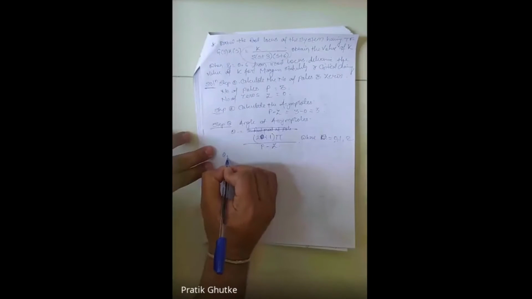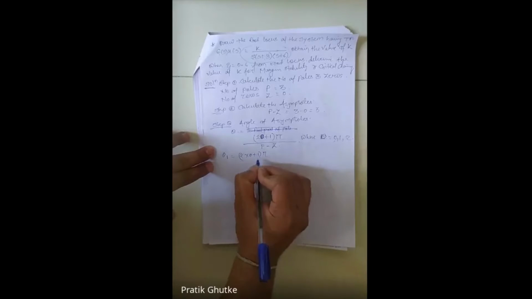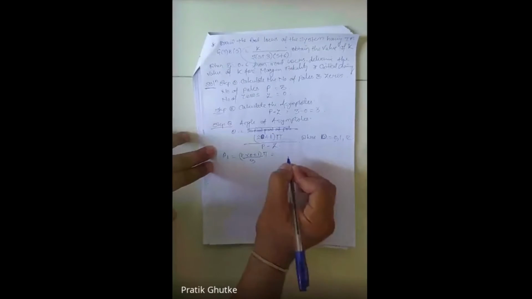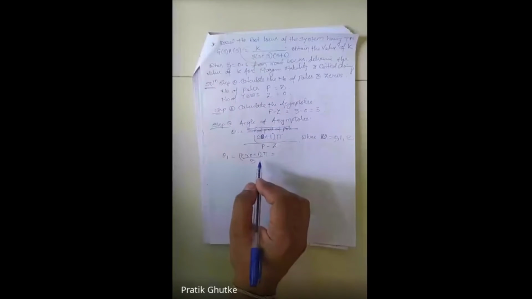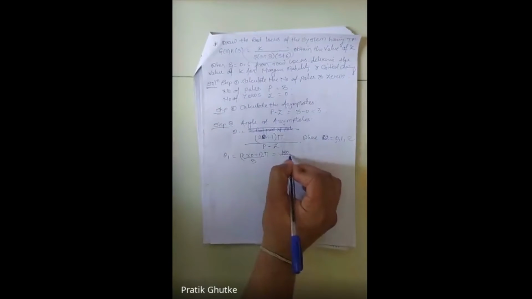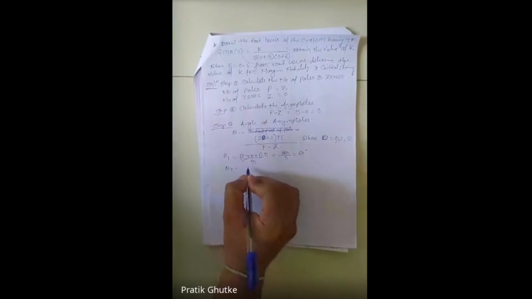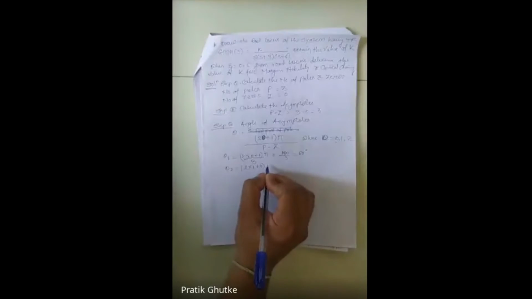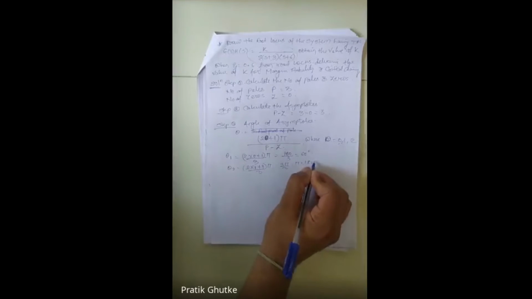So theta 1 will be (2 into 0 plus 1) into pi divided by P minus Z, which is 3. So pi divided by 3, that is 180 divided by 3, equals 60 degrees. This is theta 1. Theta 2 will be with k equals 1: 2 into 1 is 2, plus 1 is 3, so 3 pi by 3, which is pi only, that is 180 degrees.